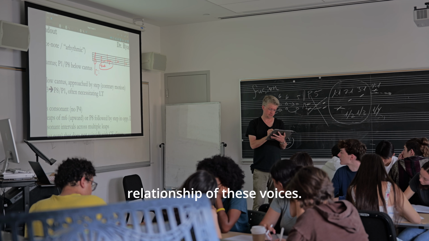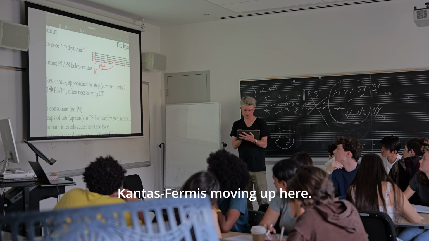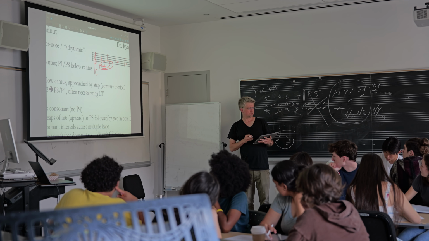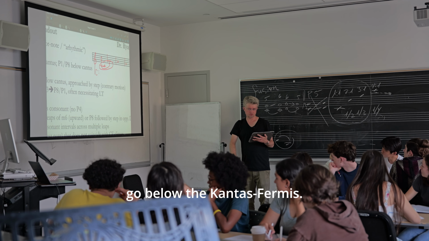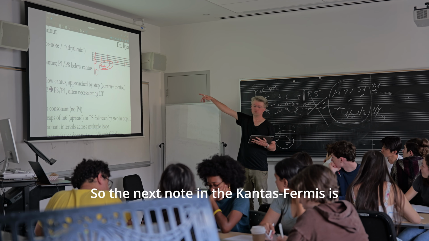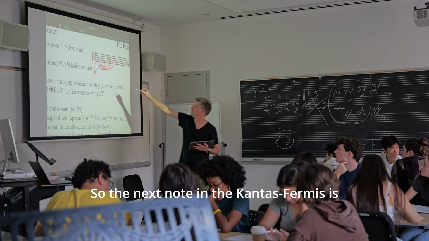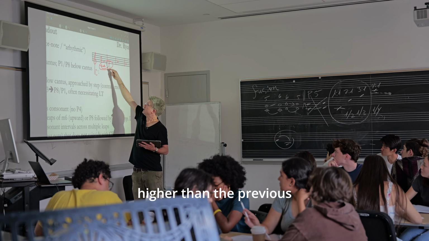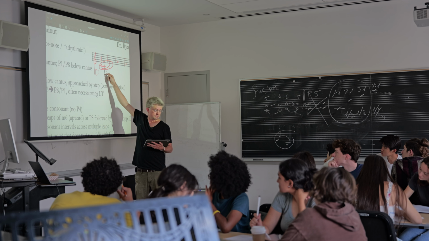Tell me about the relationship of these voices. So we're going to have the cantus firmus moving up here. The counterpoint can never go below the cantus firmus. The next note in the cantus firmus is higher than the previous note in the counterpoint.